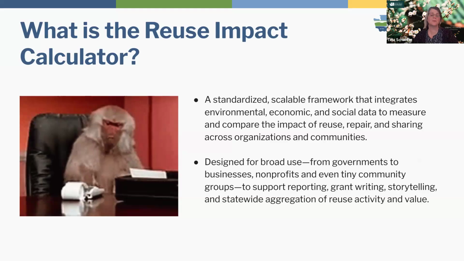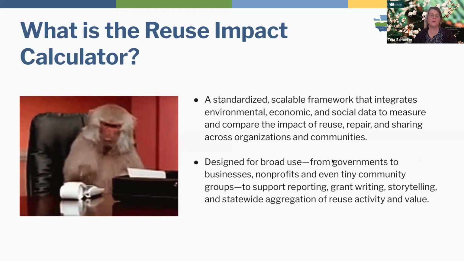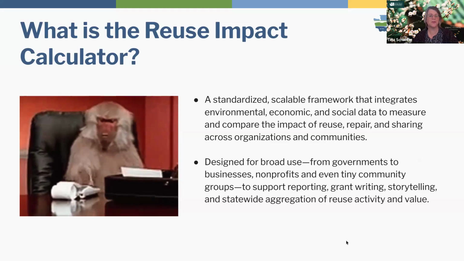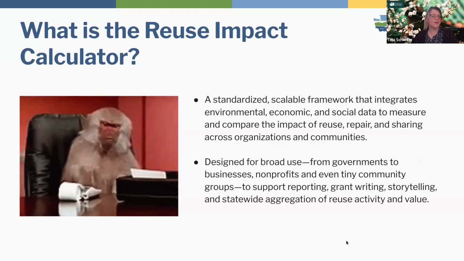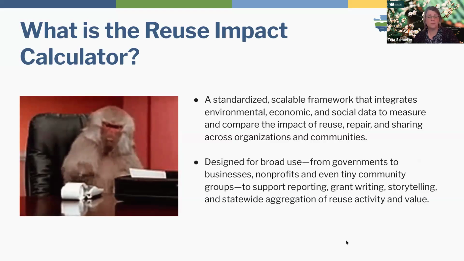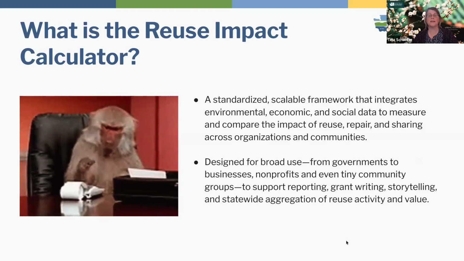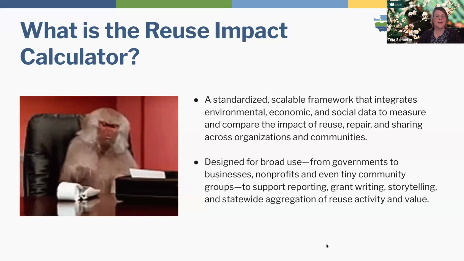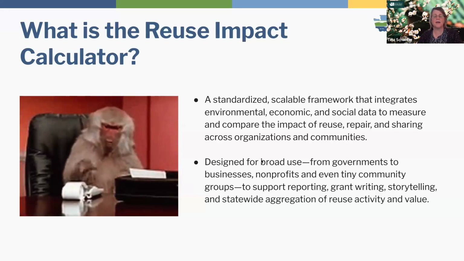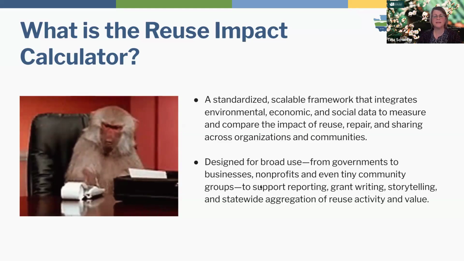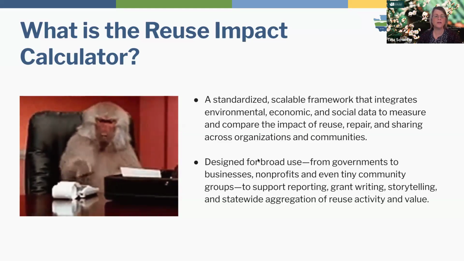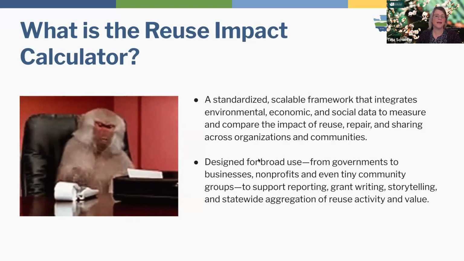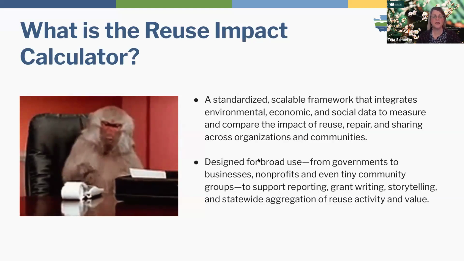What is the Reuse Impact Calculator, or the RIC, as we fondly refer to it? Very simply, the RIC is a tool used to measure and calculate environmental impacts of reuse, repair, and sharing. It consists of a standardized database of common types of products with average weights and material compositions.